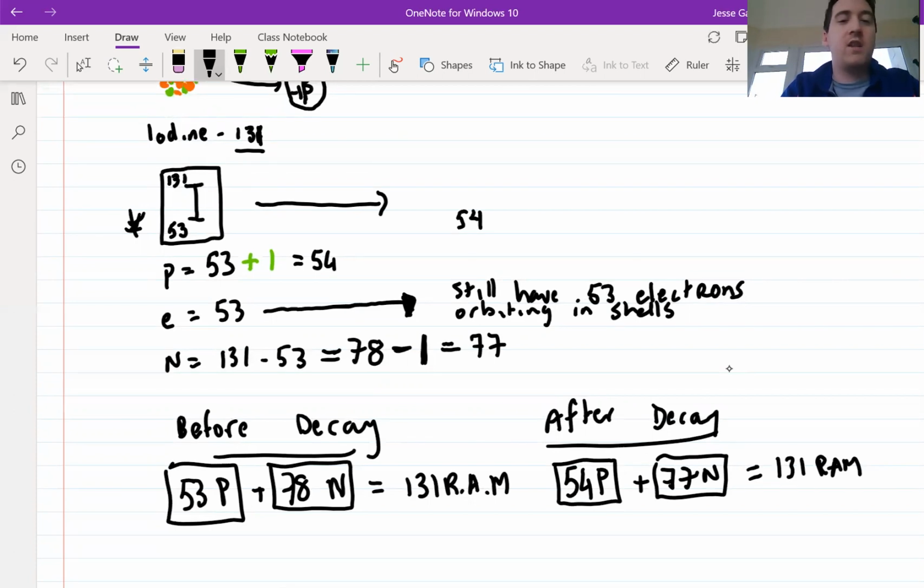So if I go and check the periodic table, the element with the atomic number 54 is xenon, Xe. So we now again have produced a different element. Its mass, as you see down here, is still 131. Don't forget, we have produced a beta particle. -1 is the charge, 0 is the mass.